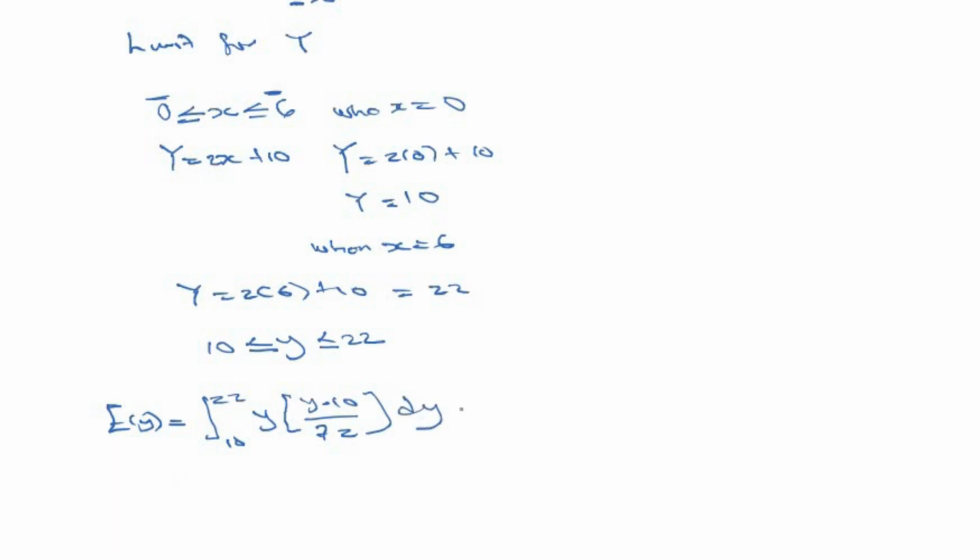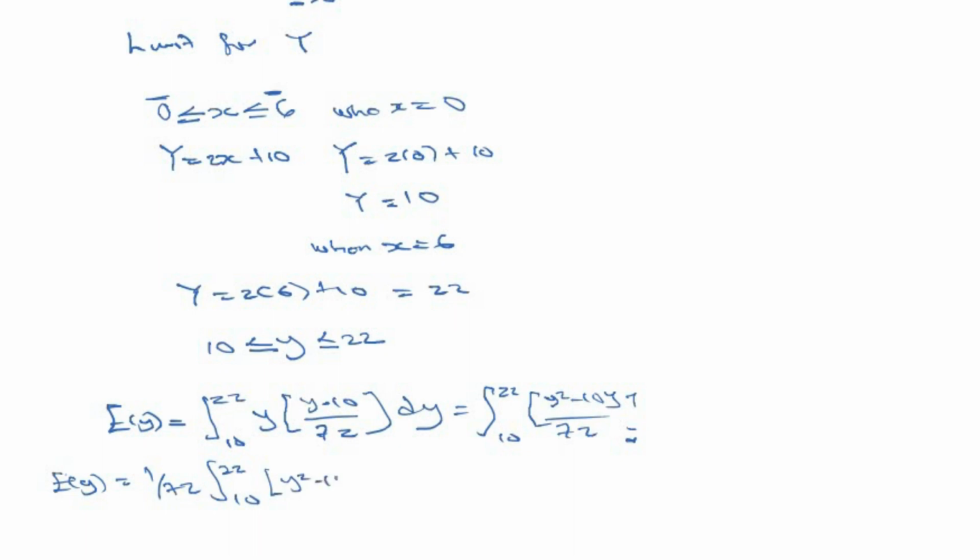Opening the bracket with y, we have y squared minus 10y over 72 dy. Factoring out 72, because 72 is a constant here, we have E of y equal to 1 over 72 times the integral from 10 to 22 of (y squared minus 10y) dy.